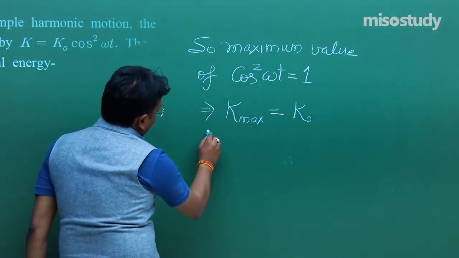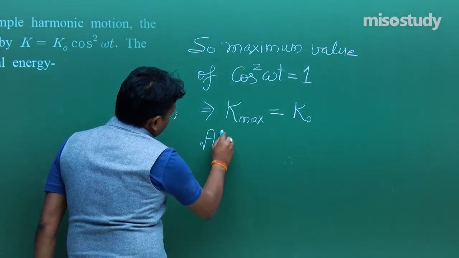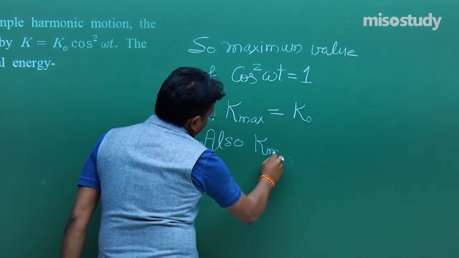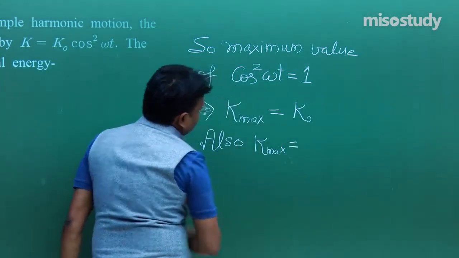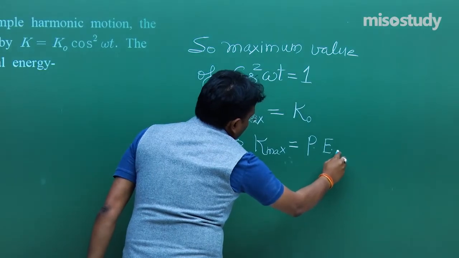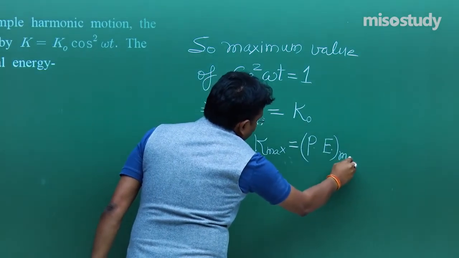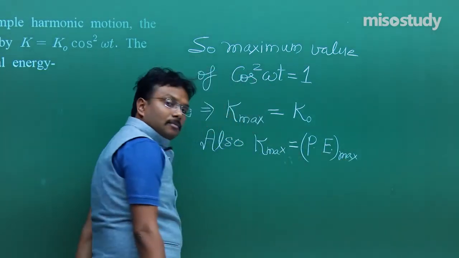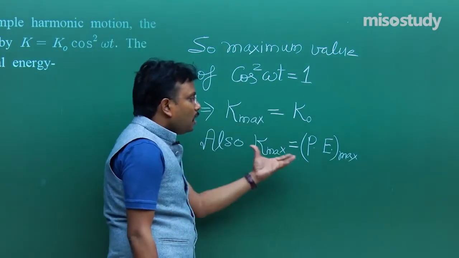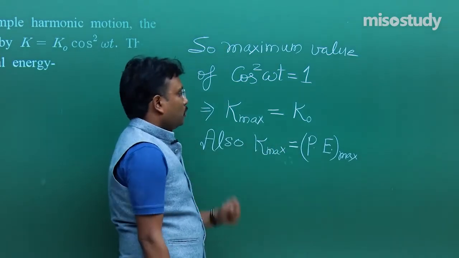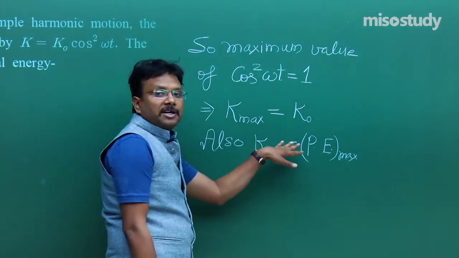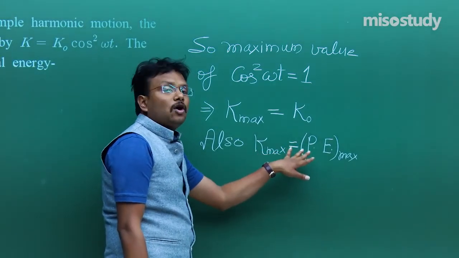Then also, K max is equal to potential energy, and that too maximum. Few of you who are not regularly watching our concept videos, our regular lectures, may find this expression slightly difficult, while it is not like that.